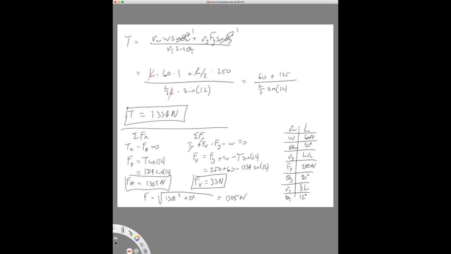Okay, so the back muscle has to exert a force of 1,334 newtons. The compression force on the spine is also around 1,300 newtons.